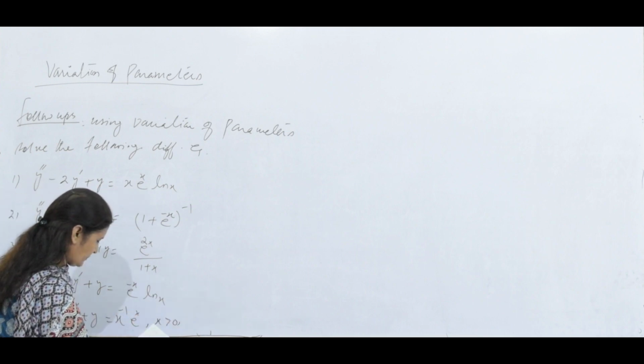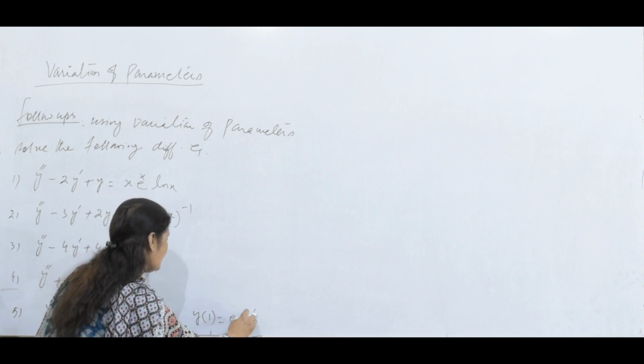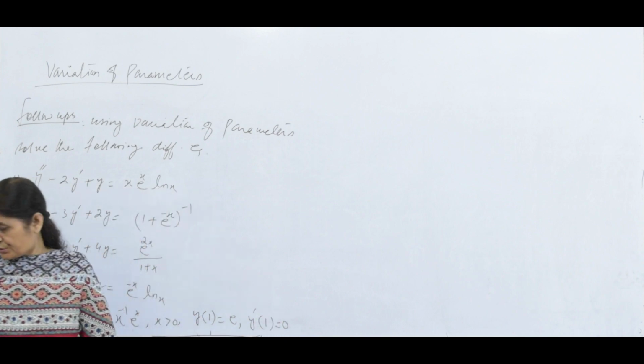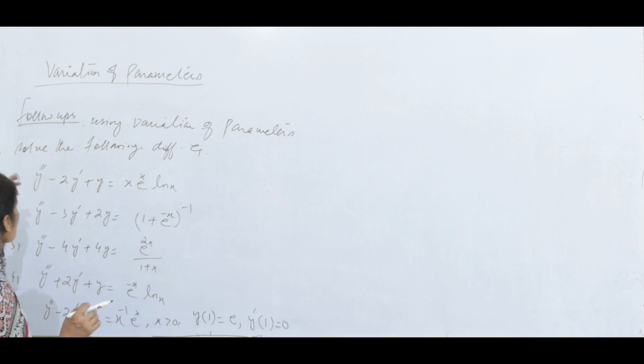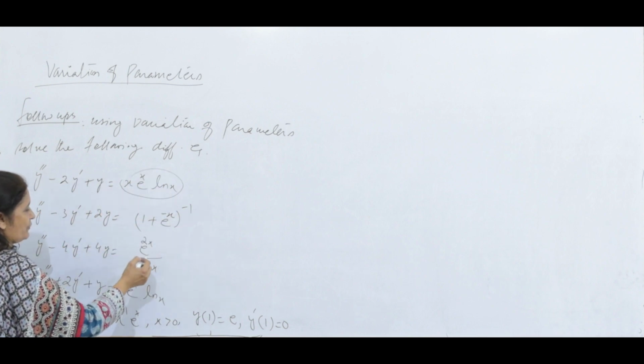And y1 is e and y prime 1 is 0. So these are the questions which you have to solve using variation of parameter. This is your f of x. This is your f of x, something like that.